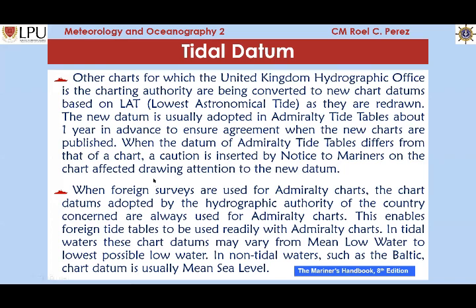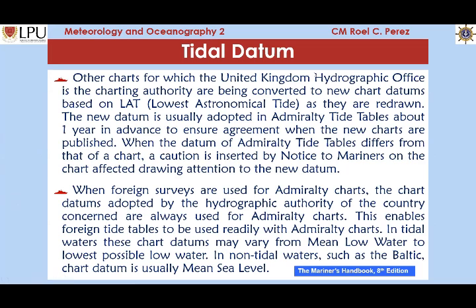So it is good to know that the Admiralty charts are using the lowest astronomical tide. However, as said here, if the Admiralty charts use the foreign surveys, it means it is not their own. They are not the ones who surveyed the area.